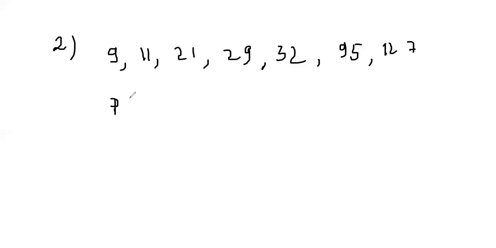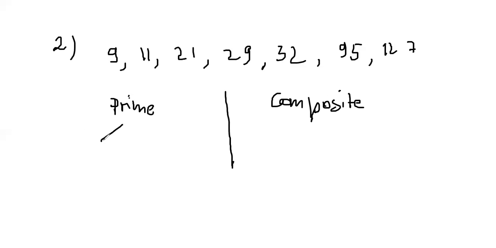There are two types of numbers. If we divide numbers in two parts, we can get prime numbers and composite numbers. Prime numbers are the numbers which are divisible by 1 and by the number itself. For example, 3 is divisible by 1 and itself, 3. 5 is of course divisible by 1 and by 5.